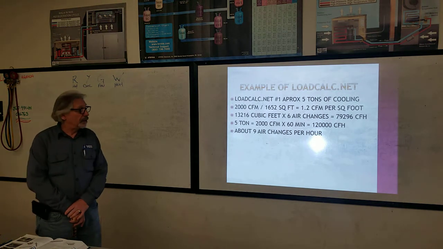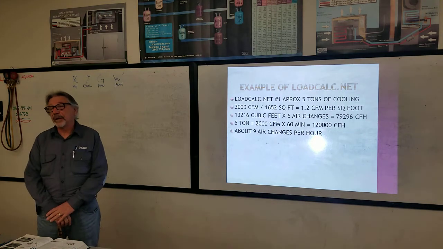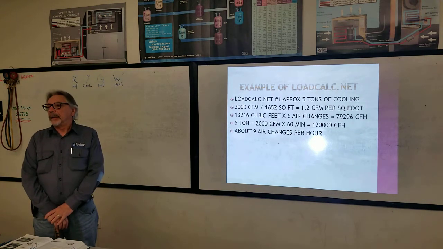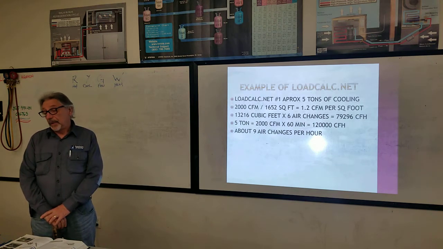Now, as far as I know, Title 24 has not implemented this 6 air changes per hour into their standards. They may have, but I don't know.